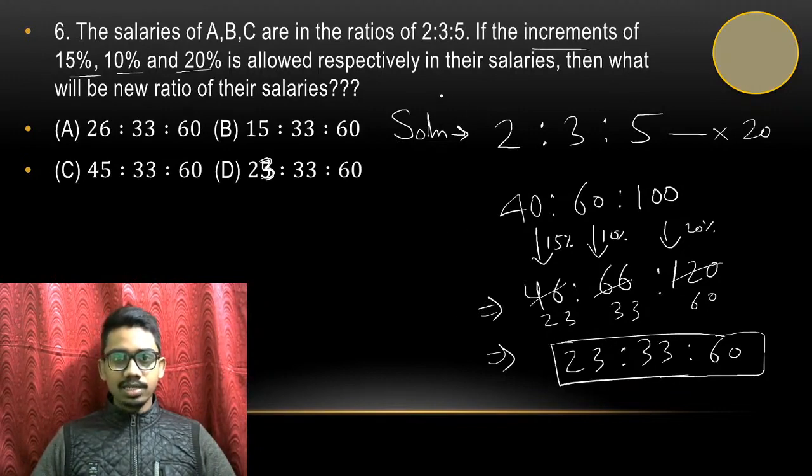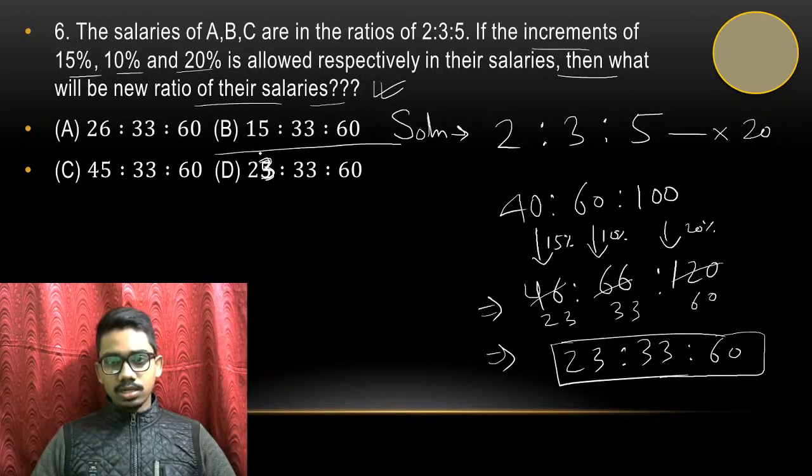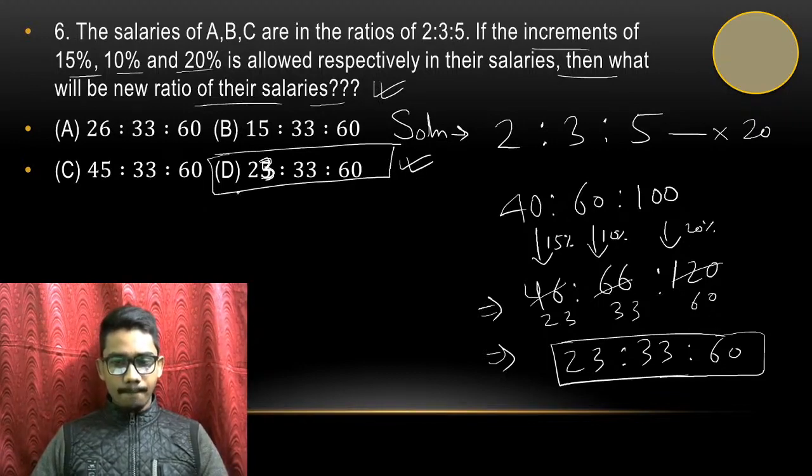Then what will be the ratio of their salaries? 23 is to 33 ratio 60 will be the correct answer. Clear, guys? I hope no one is having any doubt in this question. So let's solve the next question. Why option number D is the correct response to this question.